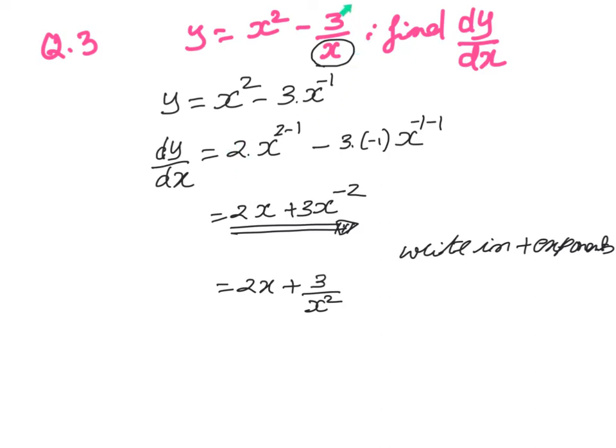So the first important thing is to have the function in exponents. And then we apply the rules of differentiation, the x power rule of differentiation. So we must be very careful here. If there's a minus, minus into minus becomes plus. We don't do anything with the 3, the coefficient here. 3 remains as the coefficient.